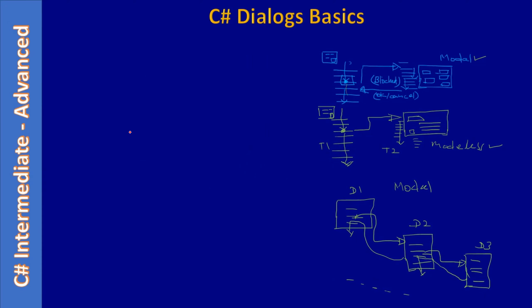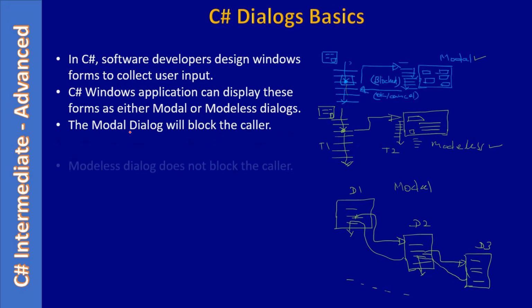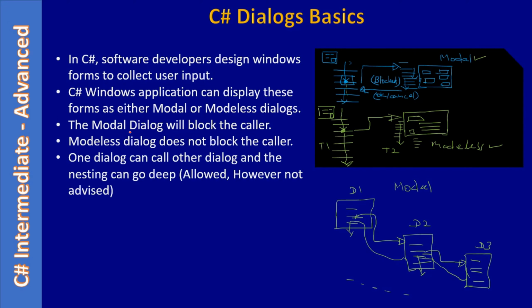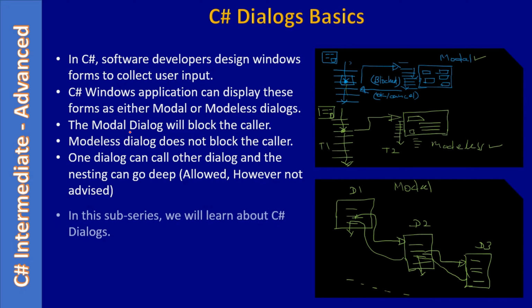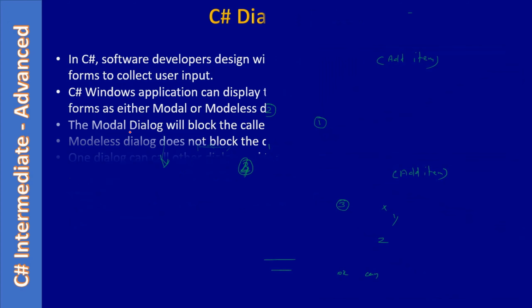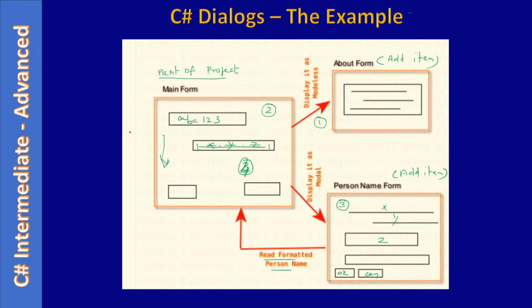So these are all the slide decks from the previous 3 parts. First we learned the basics. Then we talked about the interaction between the different forms that act as a dialog.